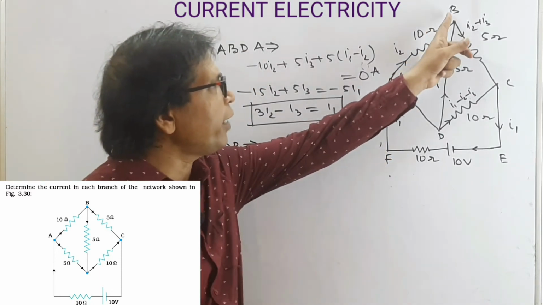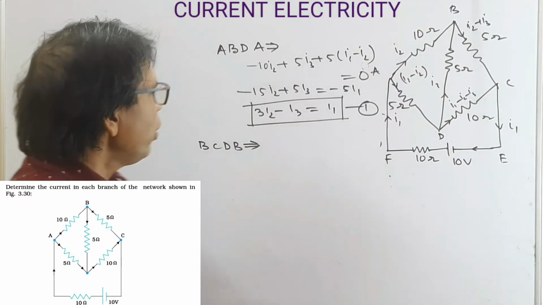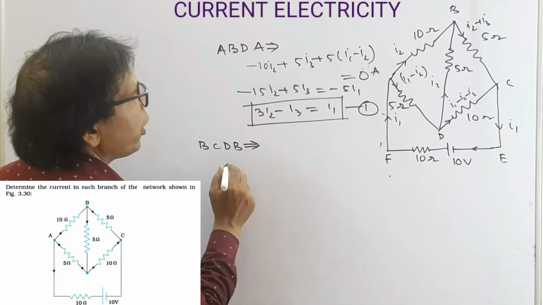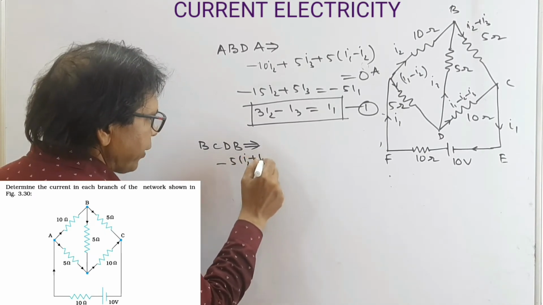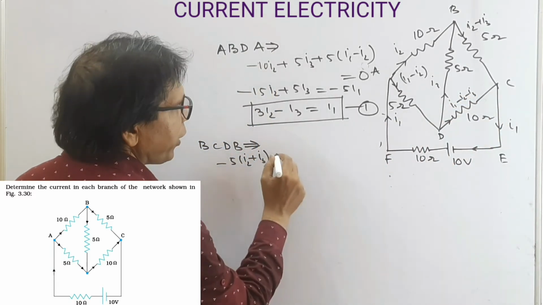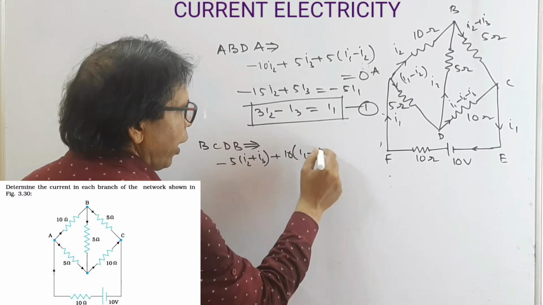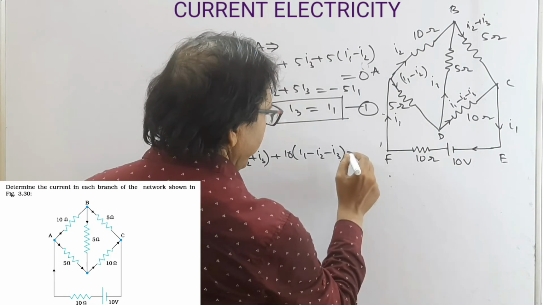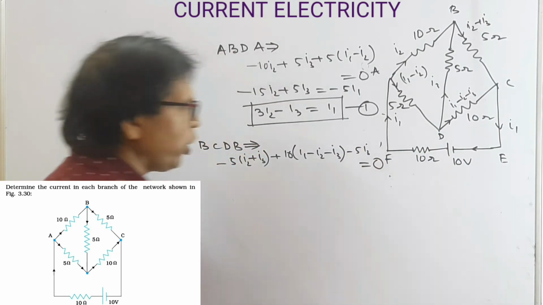Now look at this, in the loop B, C, D, B. Here B to C is in the direction of current, so this is minus 5 into (I2 plus I3). Now this is opposite to the direction of current, so this is 10 into (I1 minus I2 minus I3). And this is in the direction of current, so this is minus 5 I3 equal to 0.